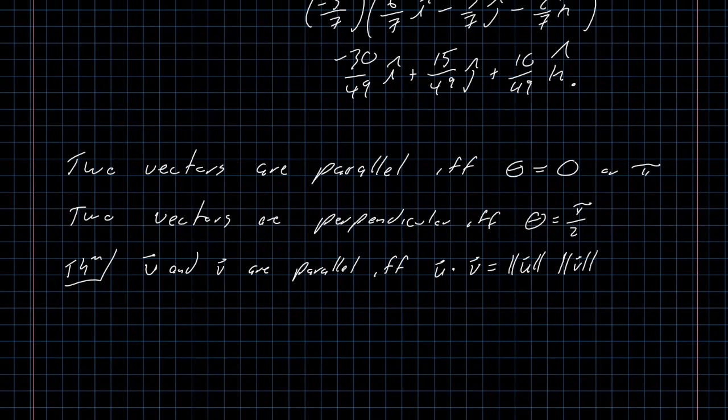And cosine of pi is -1, so I guess this will be a plus or minus going on here. u and v are perpendicular if and only if u dot v, well, the cosine of pi/2 is 0, and anything times 0 is still 0. So the two vectors are perpendicular if and only if their dot product is 0.